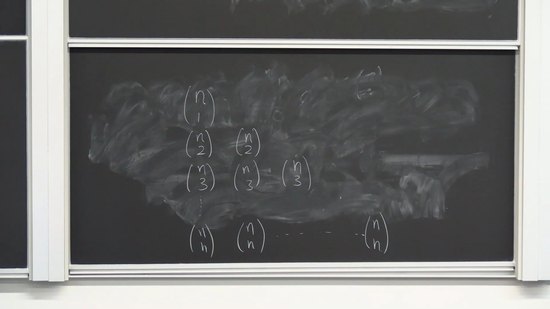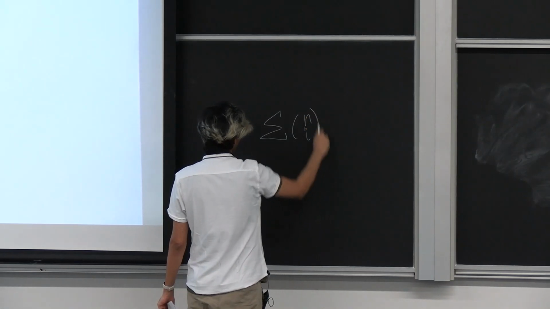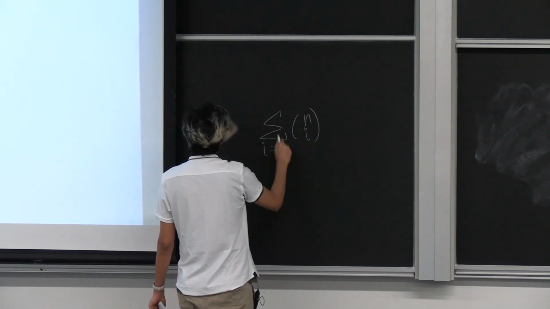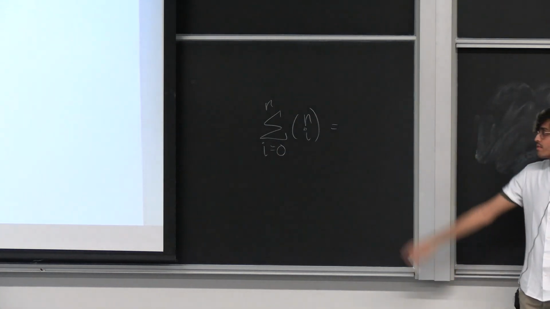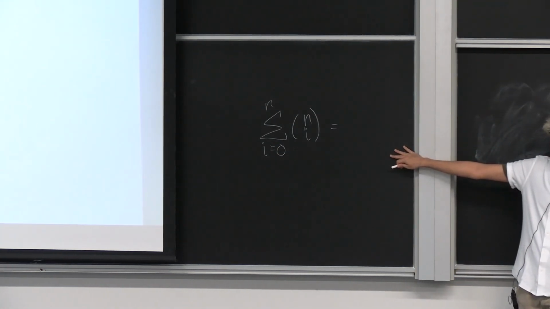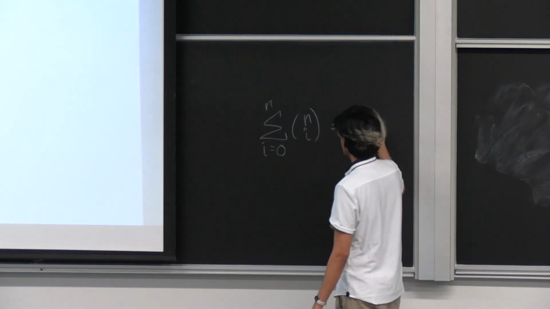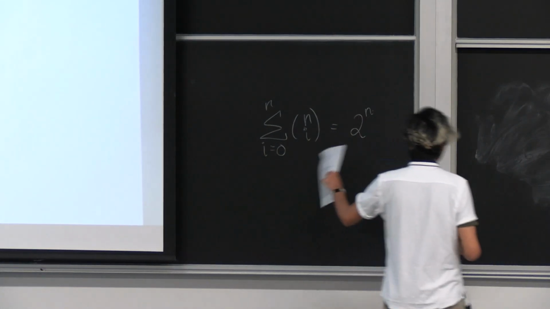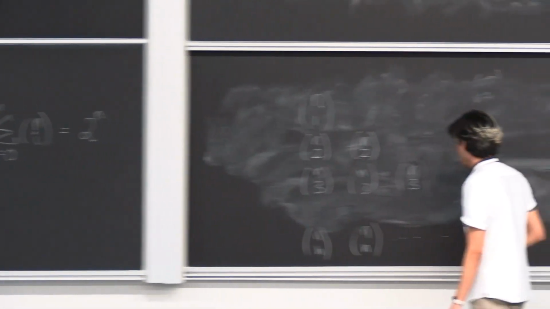What do we know about this? This is a very common summation. It's 2 to the n, right? Okay. This is important. Cool.